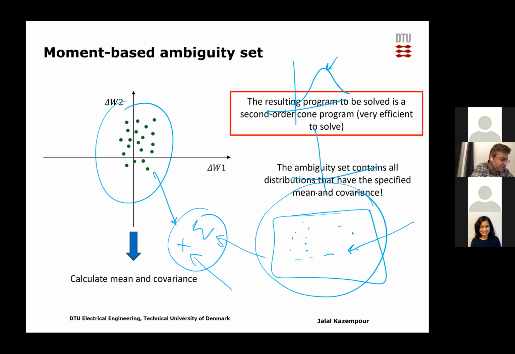The distributions with the same mean and covariance but with two peaks, which are not unimodal, should not be included in my ambiguity set. So you can always think about how to build your ambiguity set as long as you can later reformulate your problem and write it in a tractable way. Hope it's clear.